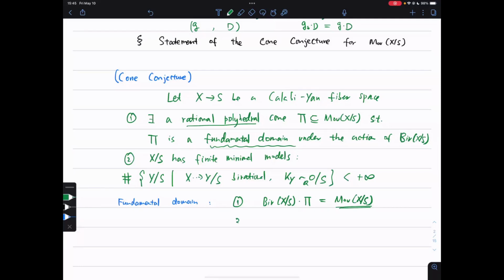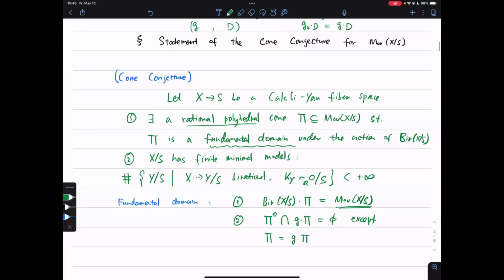And secondly, I require that they intersect only on the boundary if they are not the same. So if we take the interior of this rational polyhedral cone, then it intersects the translates empty, except when they are the same.